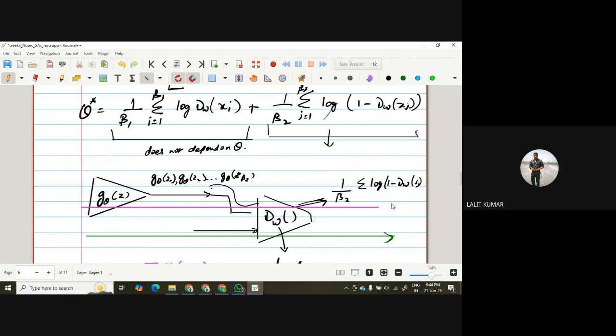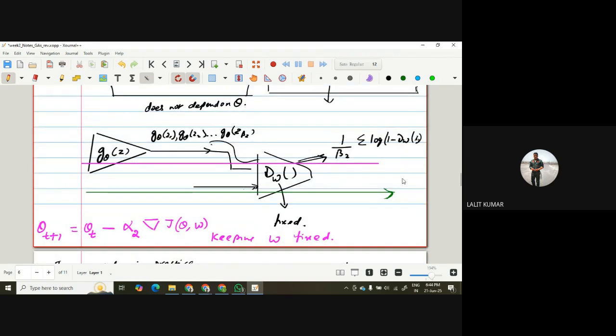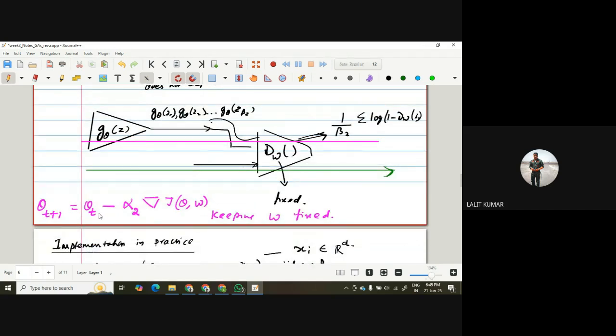So this is the forward pass. And then for the backward pass, it passes through the discriminator and it also passes through the generator. And we update theta_(t+1) equal to theta_t minus alpha 2 times the loss gradient of the loss function. Since it is a minimizing problem, we are subtracting. And alpha 2 is again the learning rate or the step size.